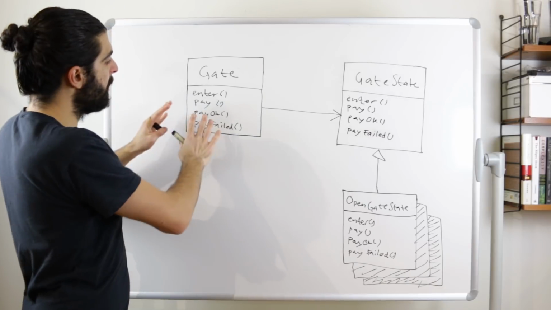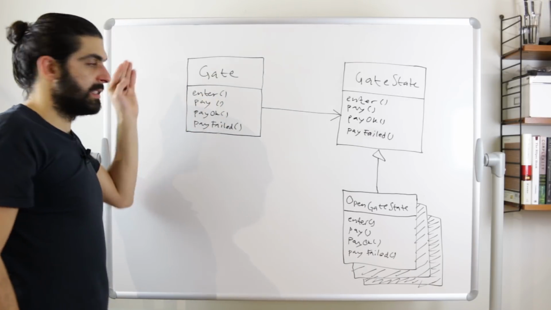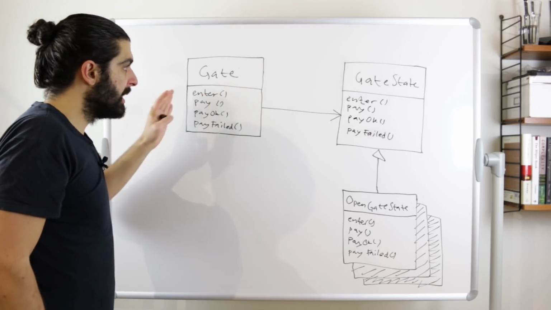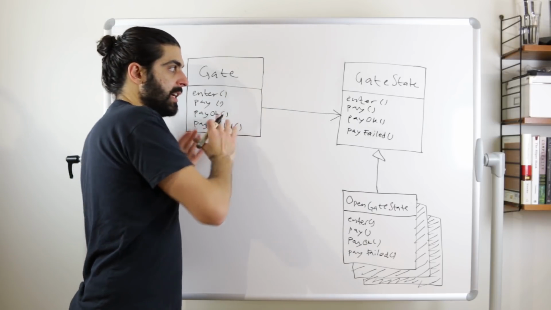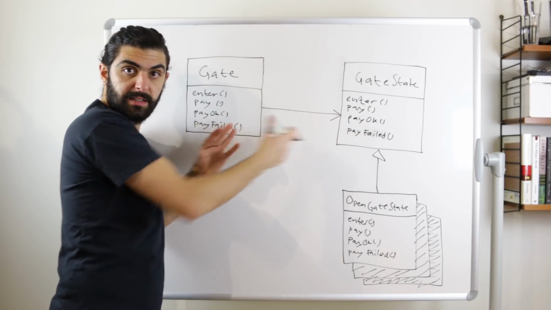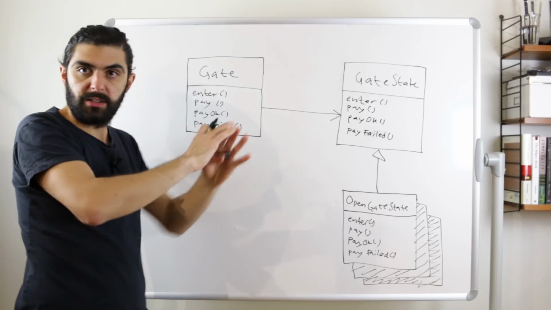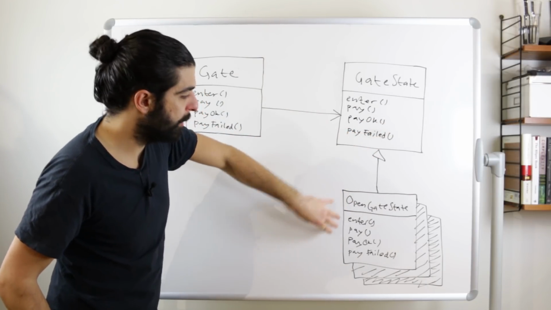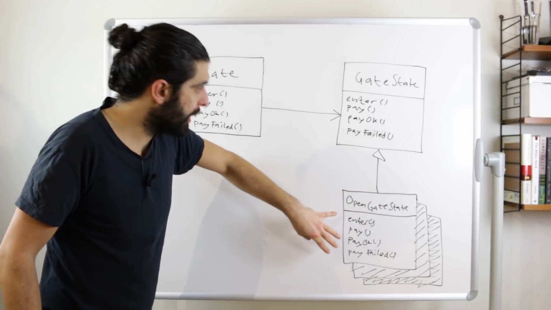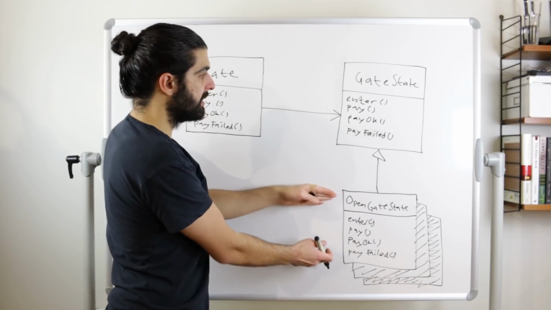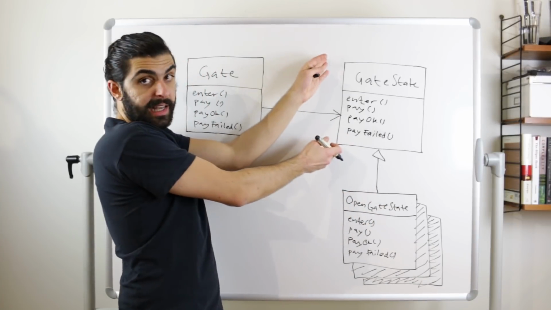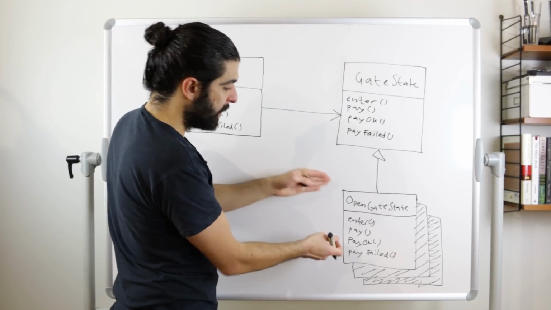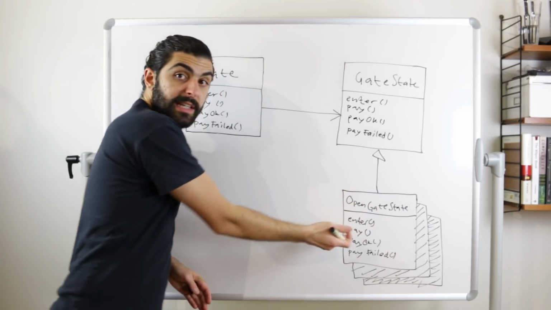But an important point to remember is that the 4 methods in the gate do not have to be there because the gate shares some common interface with the gate state. These are completely independent, completely separate. While the 4 methods in, for example, the open gate state are required because this class implements the interface gate state. Because it behaves as a gate state, it necessarily needs those methods.